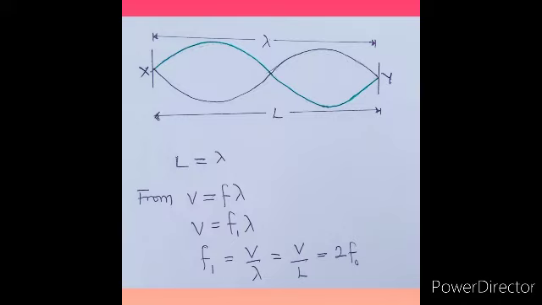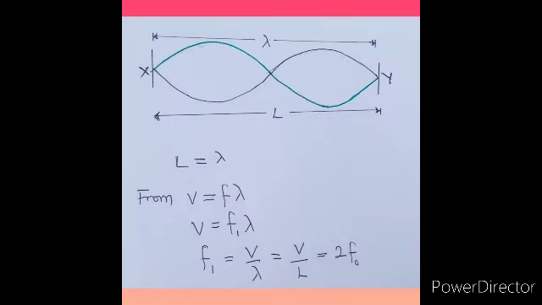So if we say 2 times V over 2L, that will give us V over L. So the first overtone is equal to the second harmonic, because I said earlier, harmonics are multiples of the fundamental note, and the fundamental note in this case is what?